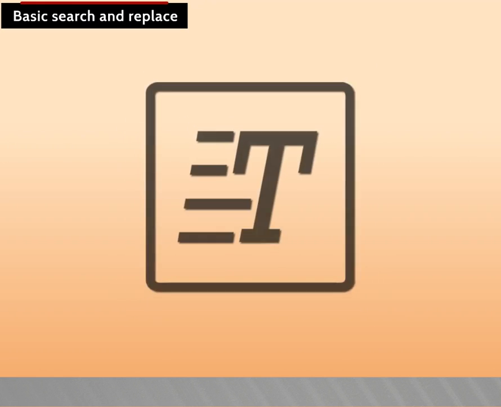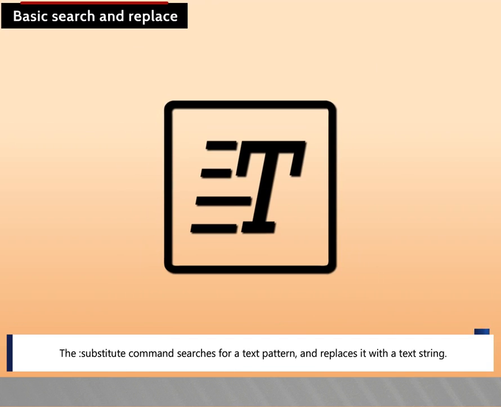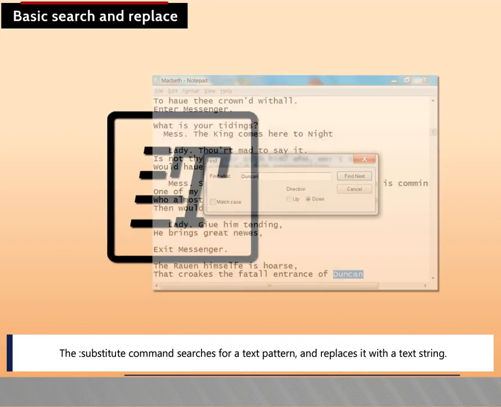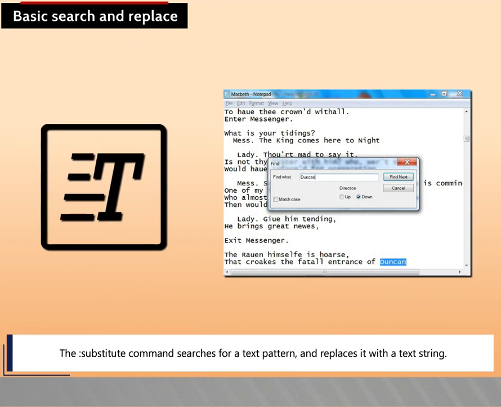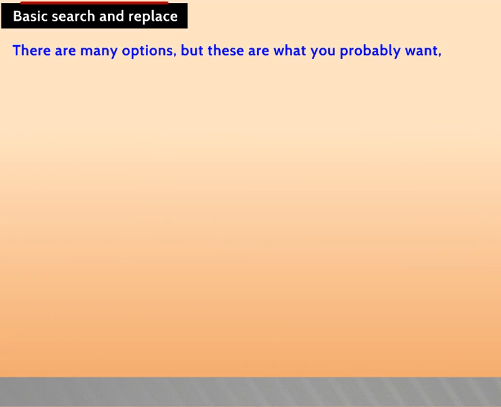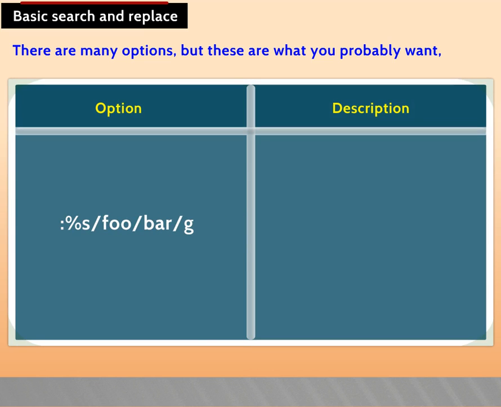Basic search and replace. The substitute command searches for a text pattern and replaces it with a text string. There are many options, but these are what you probably want. %s/foo/bar/g.